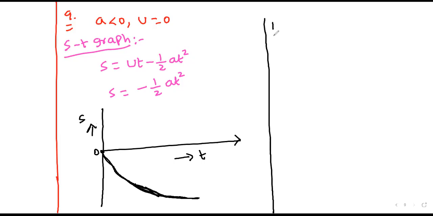Next, the tenth one. When acceleration is less than 0, u equal to 0, we need to draw the VT graph.